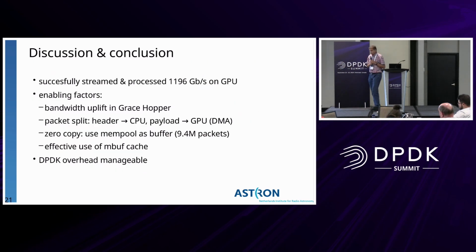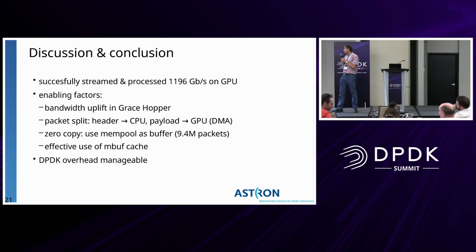So, looking back, we successfully streamed 1.2 terabits per second into a GPU. As far as we know, we are the first to demonstrate this. And the enabling factors are a mixture of hardware and software innovations. Of course, the bandwidth uplift within Grace Hopper, the ability to split packets in DPDK and receive the headers on CPU and the payloads in GPU, using DMA for that.